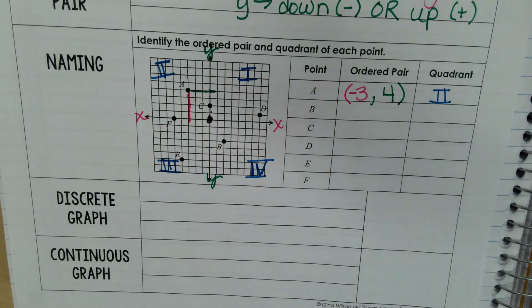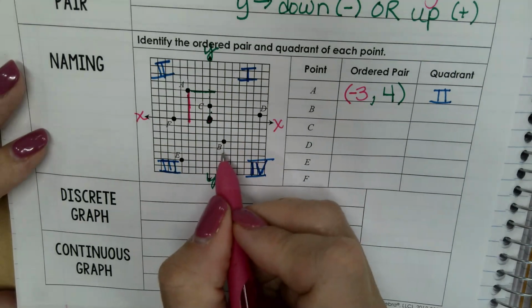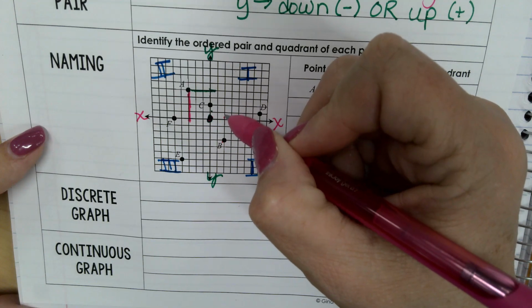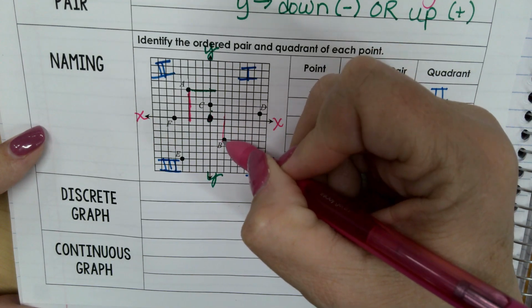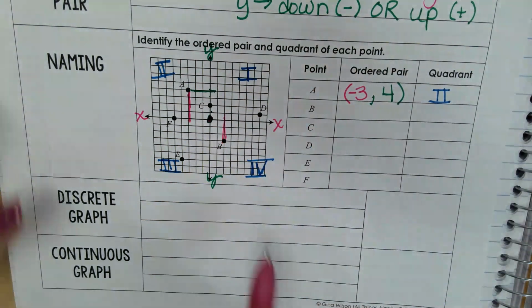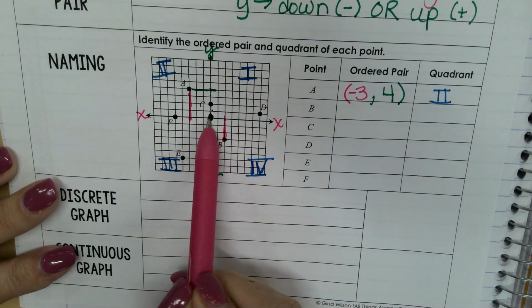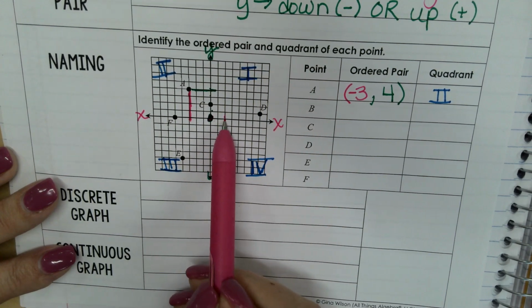All right, let's find point B. Scanning for point B, okay, here's point B, y'all see it? So I'm going to trace up and see where point B touches the x-axis. So start at the origin, jump 1, 2.